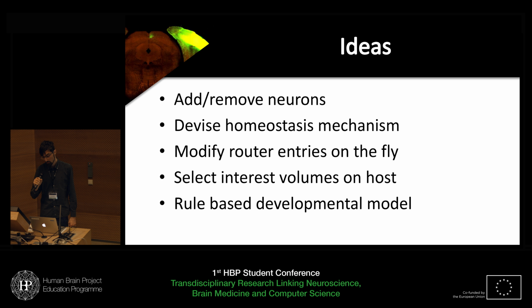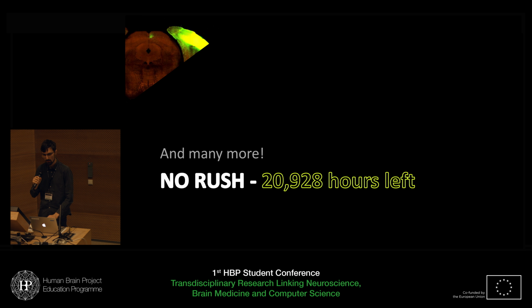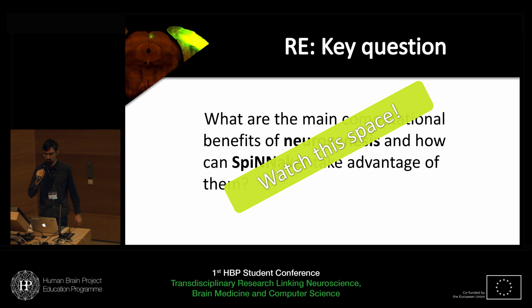And a rule-based developmental model, something like L-systems or a grammar to define how a population can grow from 1 neuron to 2 to 10, and then fill the whole machine, 100 million neurons. But there's time. It's only 21,000 hours if I don't sleep or eat or take a break. Totally doable. But regarding the key question that I had, watch this space, it's not done yet.